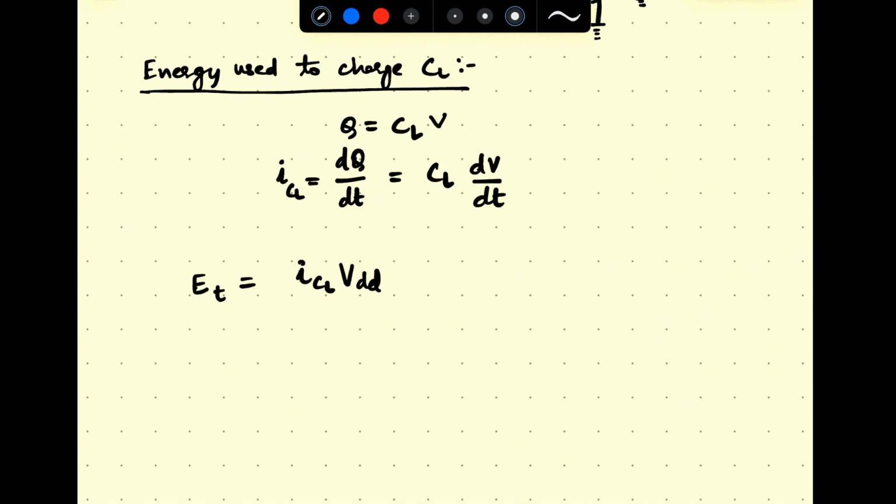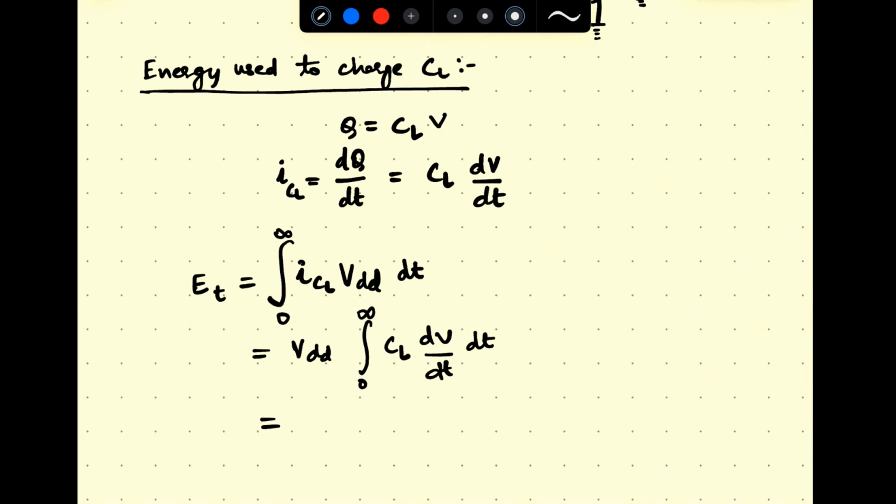This gives you the power, and this we have to sum up over some interval of time. So let's say we integrate this over some interval of time. Here VDD is constant, so we can take it out of the integral, and ICL, as we just derived, is CL dV by dt as a result.